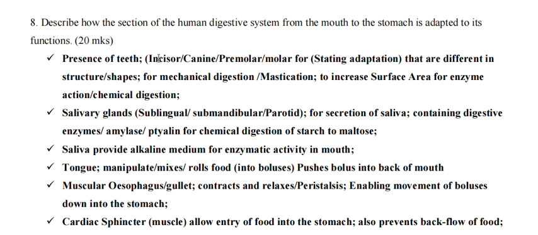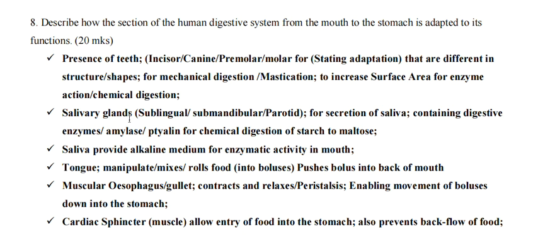And when you name specific teeth, you must name all the different types of teeth, in order for you to score. Then the same applies to salivary glands. If you commit yourself to the specific salivary gland, you must name other salivary glands.